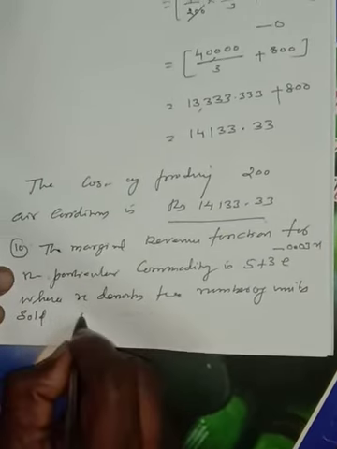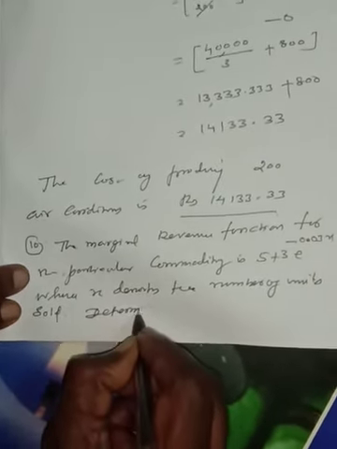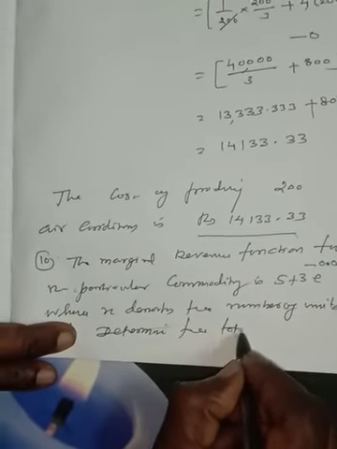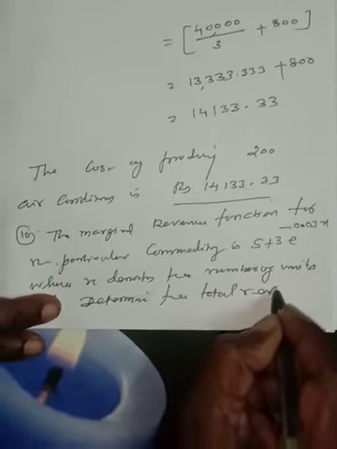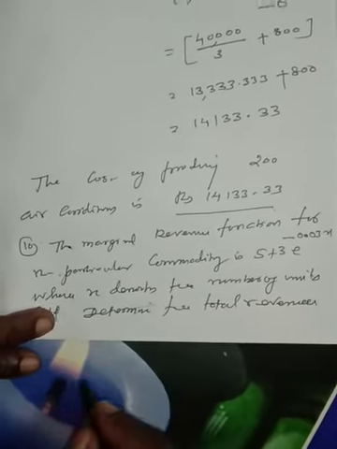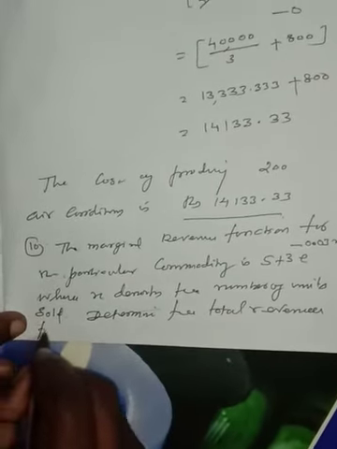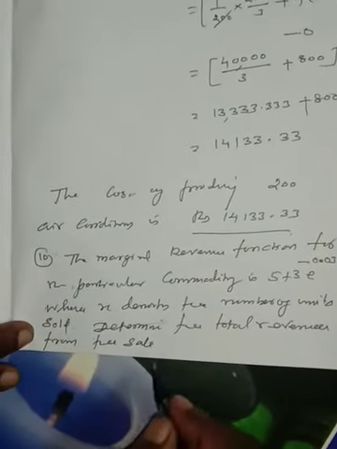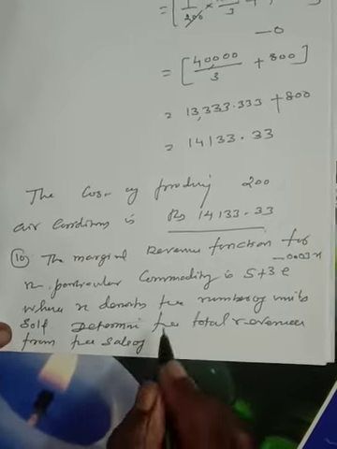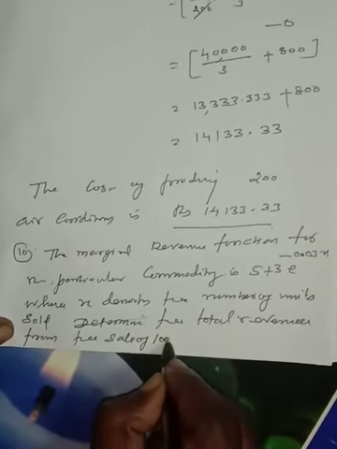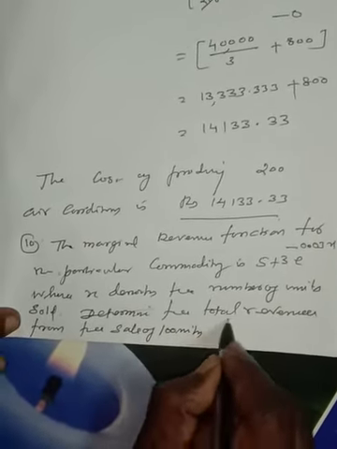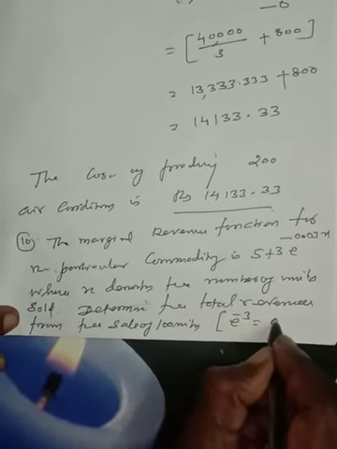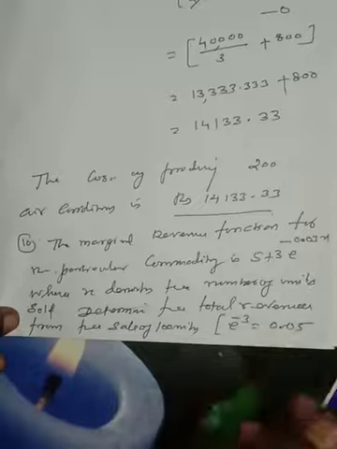Determine the total revenue from the sale of 100 units. e to the power of minus 3 is given by 0.05.